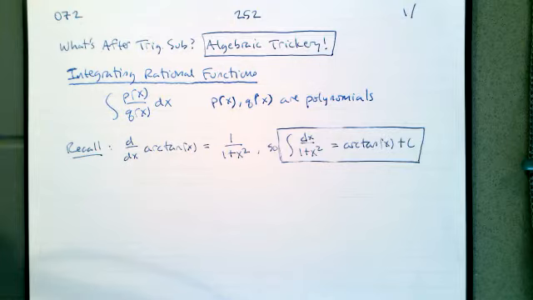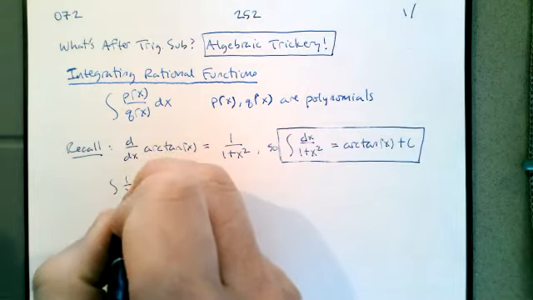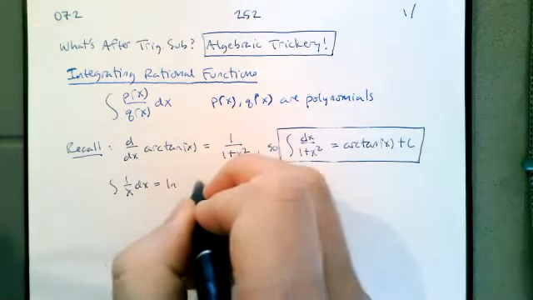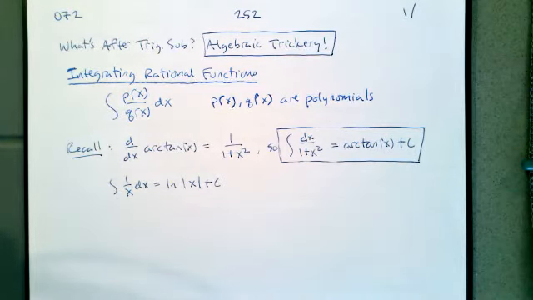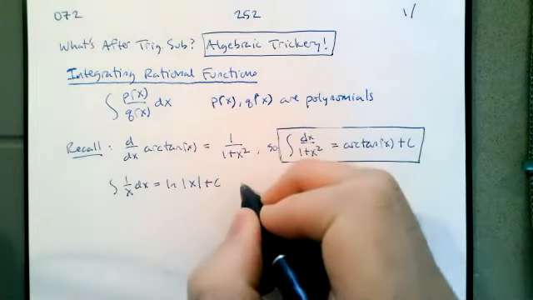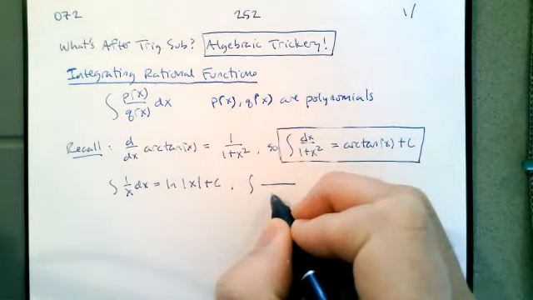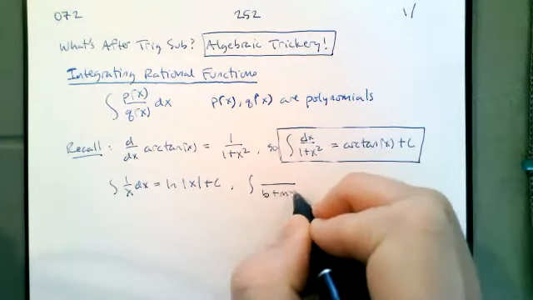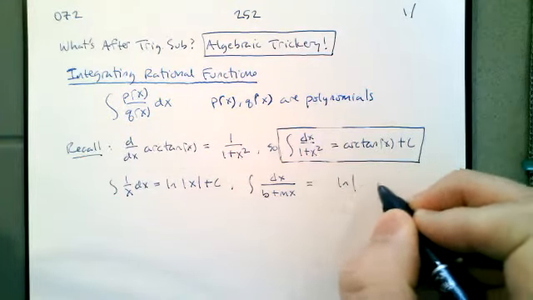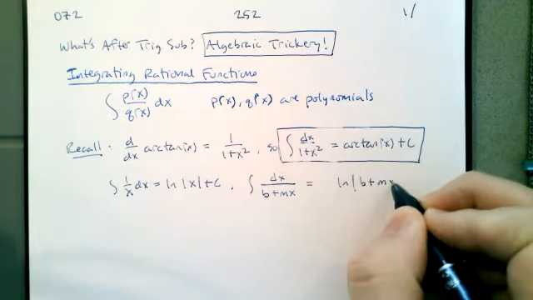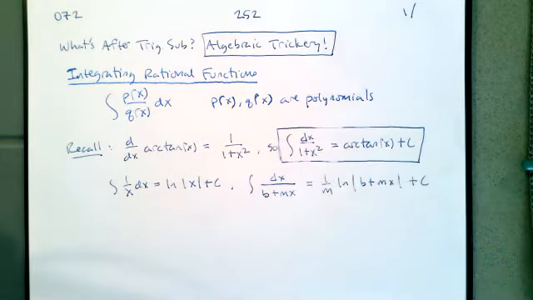Other things that we know. We know that the integral of 1 over x dx is natural log of absolute value of x plus c. And by substitution, if we have the integral of just a generic linear function, b plus mx dx, we have a natural log of whatever the linear is, but since there's a coefficient of x, we'll have a 1 over m factor.